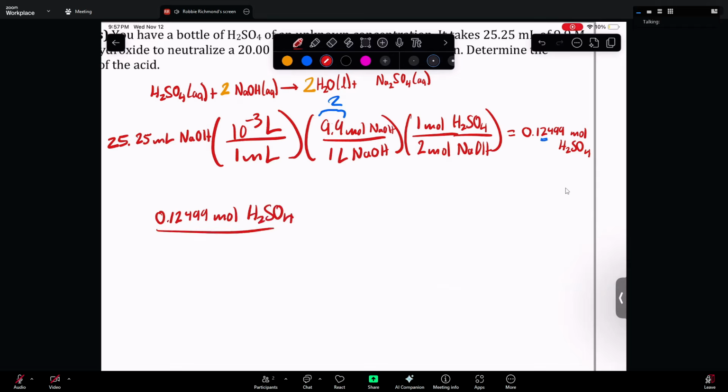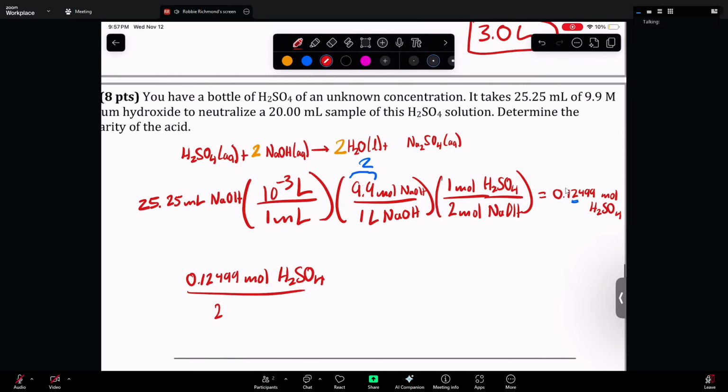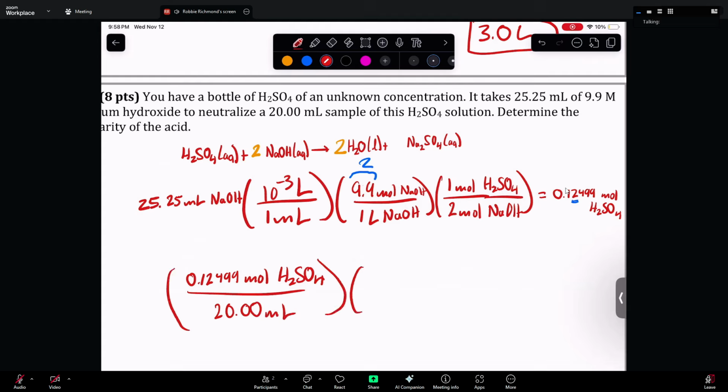divided by our amount of milliliters, and then convert milliliters to liters. Milliliters goes on the top to cancel out the denominator. 1 milliliter is 10 to the negative 3 liters.